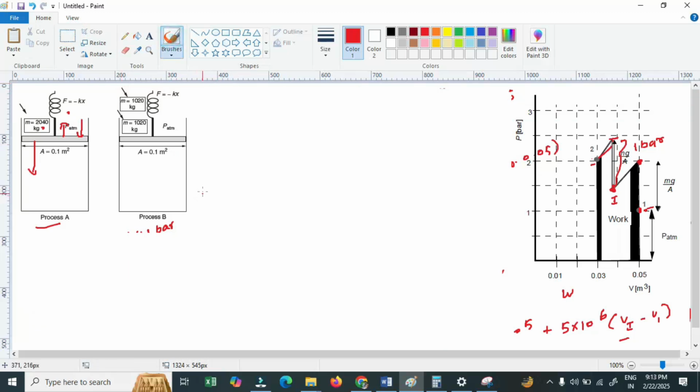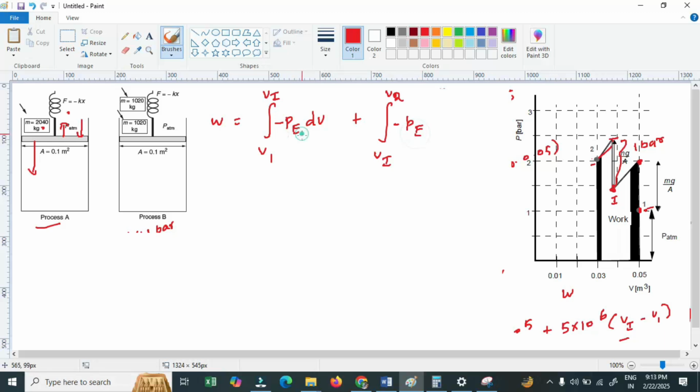And now we need to calculate work done here. That is nothing but W equal to the integral from V1 to V intermediate of minus PE dV, plus the integral from V intermediate to V2 of minus PE dV.